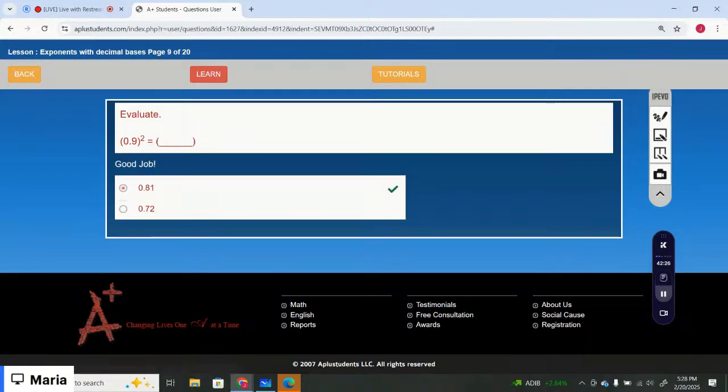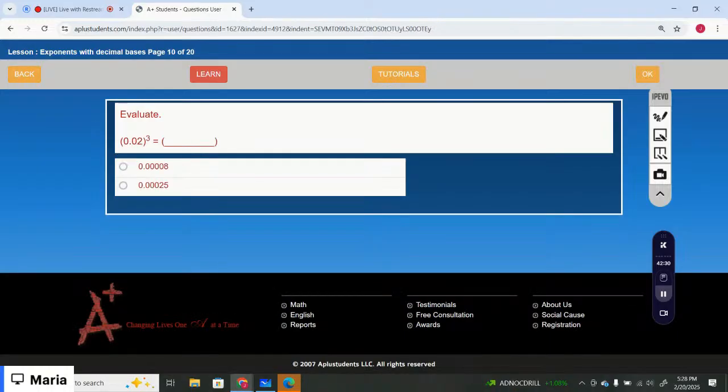Option number 1 is the correct option. 0.02 cube, so which is the correct option? Option number 1 is the correct option. Very good.